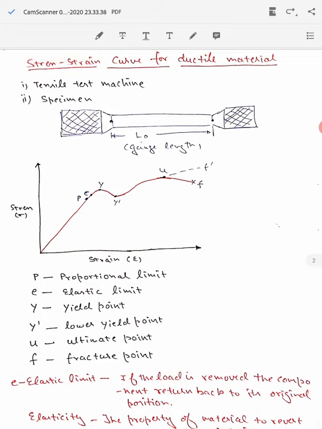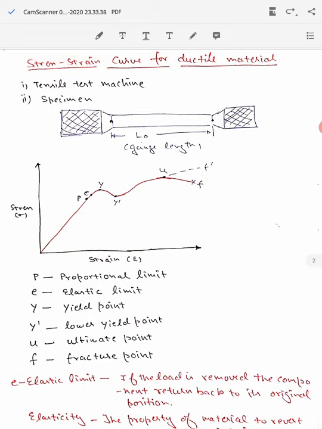So in order to get this stress strain curve, we need a tensile test machine. A tensile test machine is a very simple machine which has a kind of jaws at the top and bottom, and we put a specimen of the material which we want to test in these jaws.